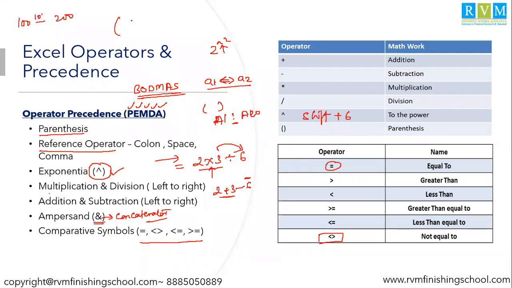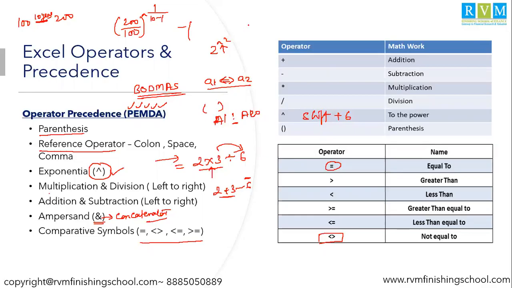The CAGR formula is 200 by 100, whole raised to the power 1 upon 10, minus 1. In Excel, if you do not put the brackets properly, this entire formula goes for a toss, which I'll show you when we start working with formulas and functions.